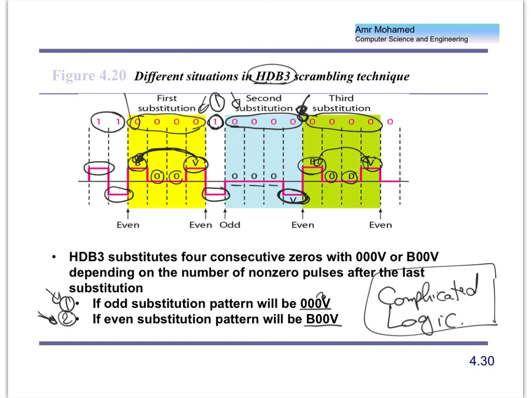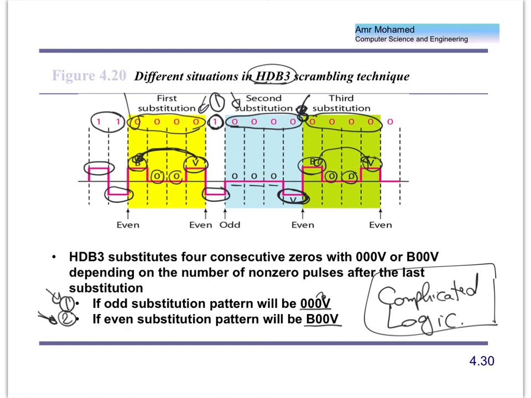We identified whether each line coding scheme has baseline wandering, a DC component, and self-synchronization or not. And we categorized the line coding schemes into 5 main categories: the unipolar, the polar, which uses positive and negative, bipolar, which uses positive, negative, and zero, the multi-level, where we can replace more than one bit with one voltage level, and the multi-transition, where we use transitions between the voltage levels to indicate the zeros and ones. So that was part 1 of that chapter.